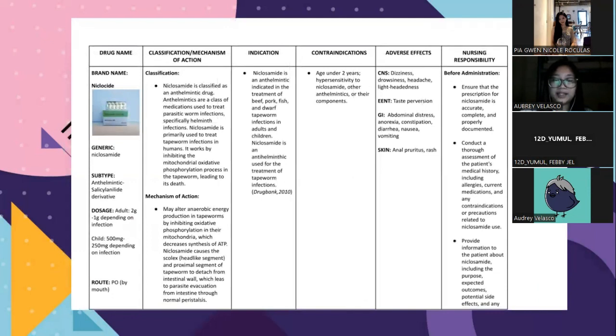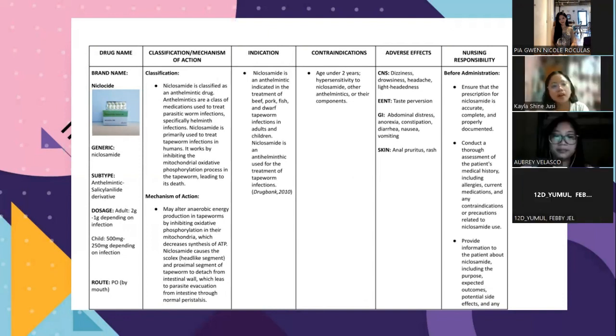Okay, for the next and last subtype, for the last type of anthelmintics, Niclocide is the brand name for the generic medication niclosamide.